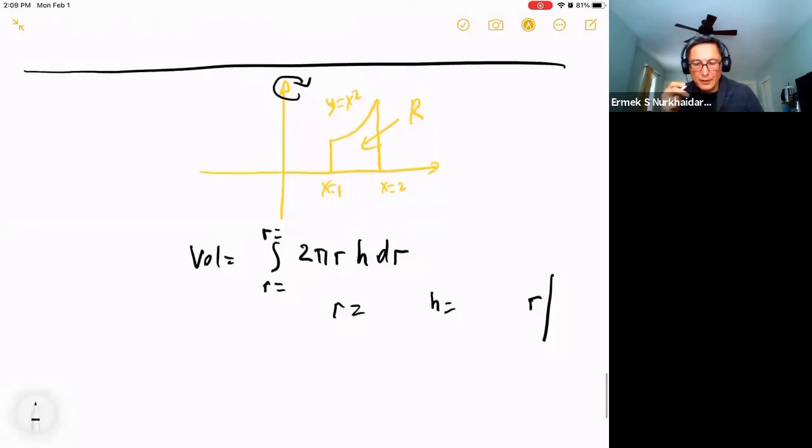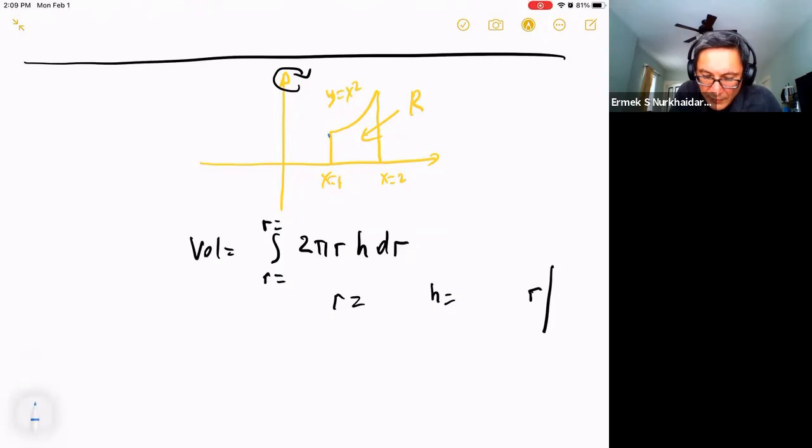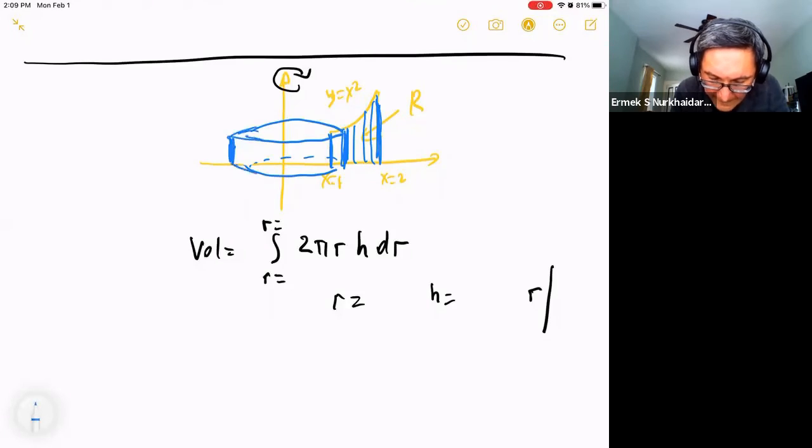All right, I'll try to catch up with you. So if I draw my stripes parallel to the axis of rotation, I notice that I will start at x equals 1 and I'll finish at x equals 2. And if I pay attention to only one stripe here, I notice that that's the radius.